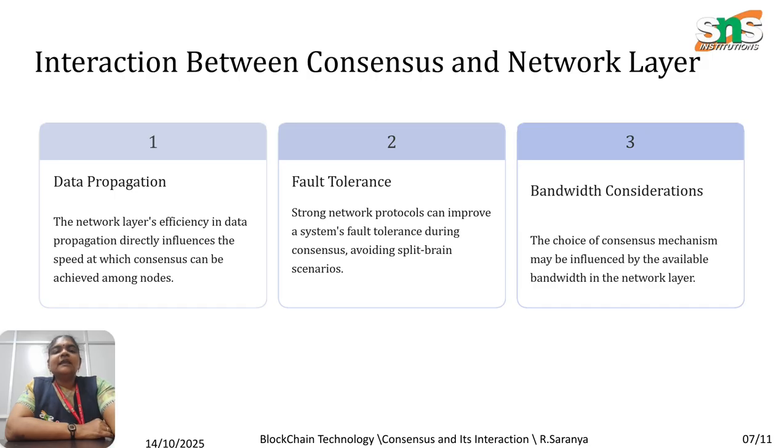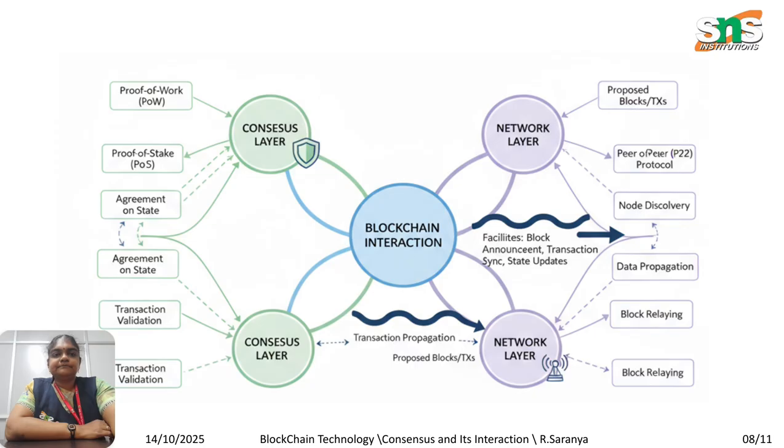Fault tolerance should be there, since a strong network protocol can improve a system's fault tolerance and avoid split-brain scenarios. The choice of mechanism will be influenced by the availability of bandwidth in the network layer.